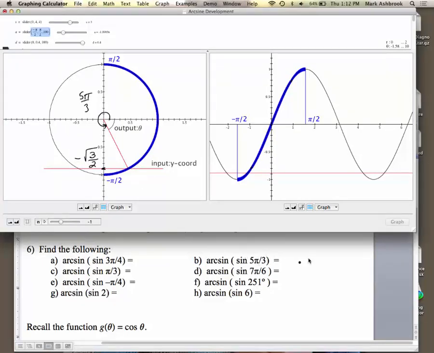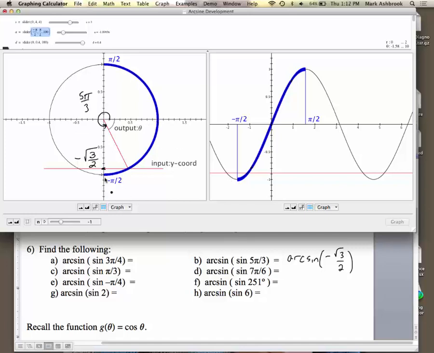Now we're going to take that negative radical 3 over 2 and put it into arcsine, which gives us the single angle between negative pi over 2 and pi over 2 that has that y coordinate. What angle between negative pi over 2 and pi over 2 gives the y coordinate of negative radical 3 over 2?